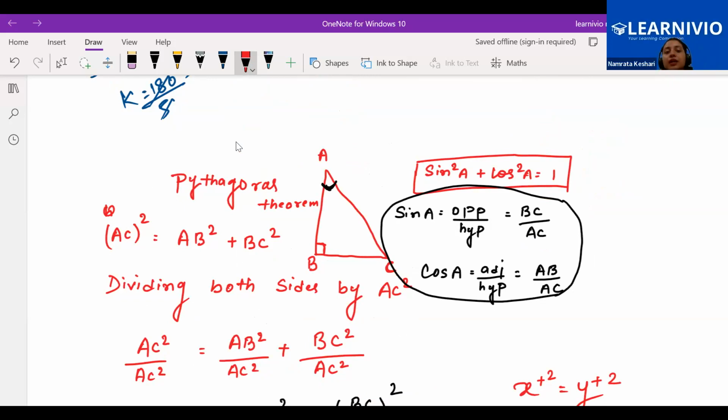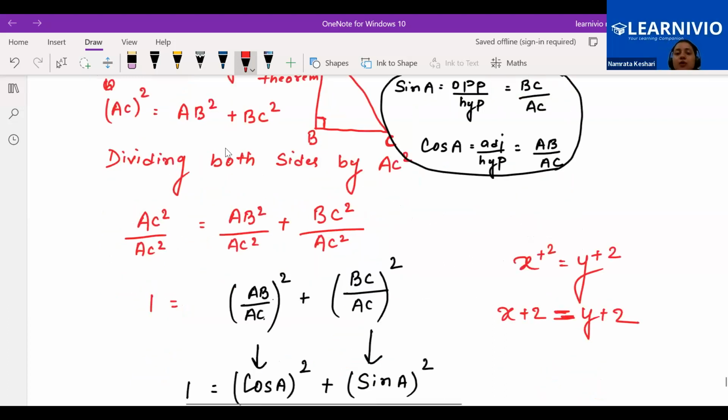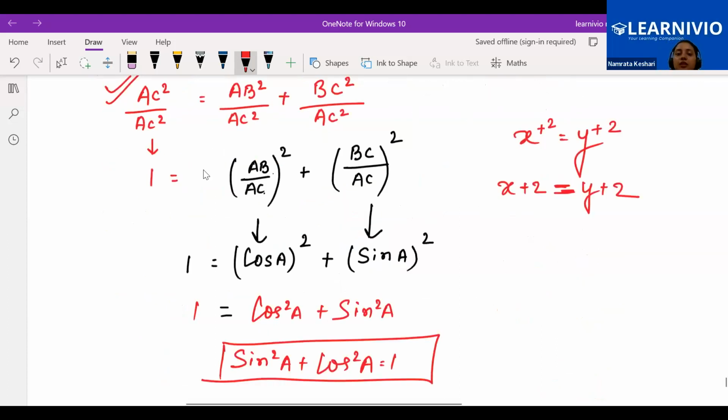So we are dividing both sides by AC square so that at least one side we will be able to make 1. Once we divided both sides by AC square, we got this step. After that, we realized that one side we successfully made 1, but what about the other side? We ended up getting the ratios. And later on, we realized that they are nothing but the trigonometric ratios cos and sin, and hence we got the identity.